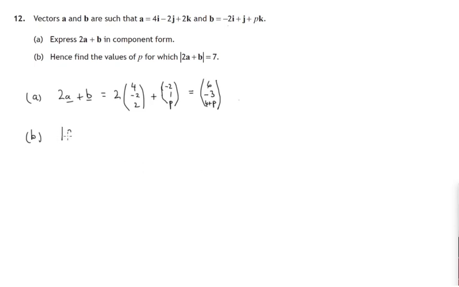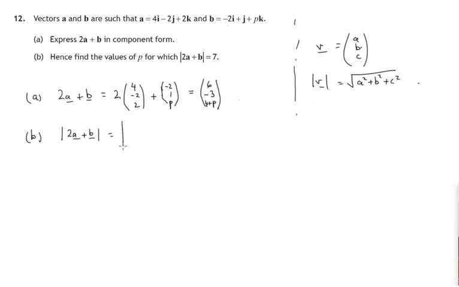So the magnitude of a vector, just a reminder of that, if we have a vector V with components A, B and C, then its magnitude is the square root of A squared plus B squared plus C squared. So that's the result about magnitudes.